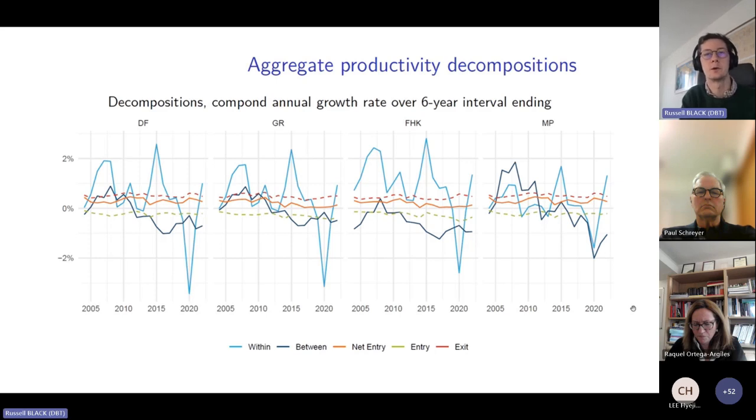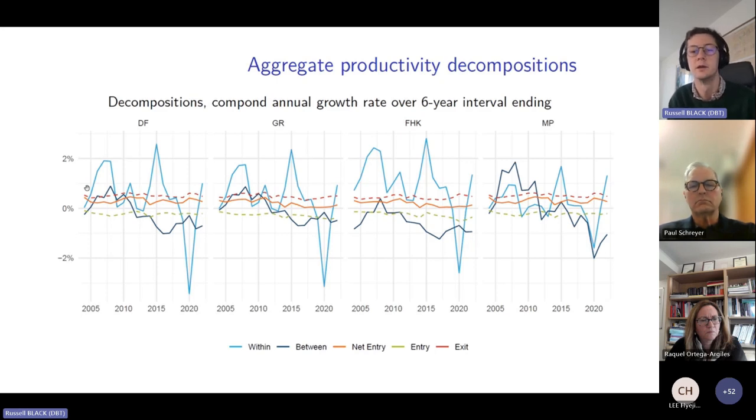So a firm that has 40 workers would have the same weight as Tesco. It seems like more of the effect from within productivity growth is being driven by larger companies, which is accounted for because Tesco is given the weight of Tesco in the workforce in the three other decompositions, and that's what is determining the lower within growth at the beginning and the larger between growth to compensate.